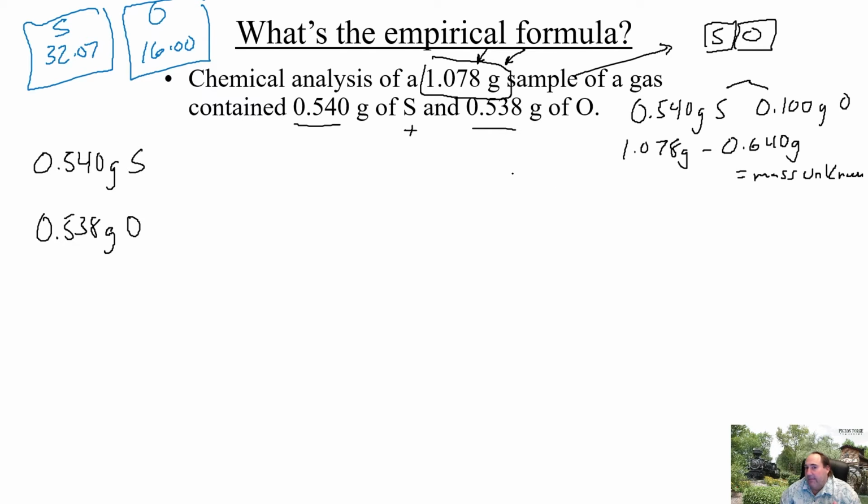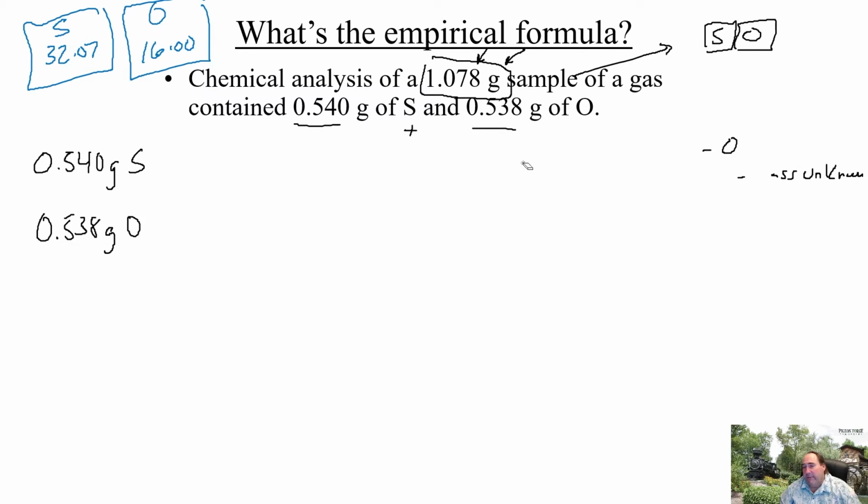Sometimes it does happen that it'll tell you this is made up of sulfur, oxygen, and nitrogen, for example. You can figure out sulfur and oxygen, add them together, subtract from the total mass of the sample, and figure out the mass of nitrogen. But in this case, when we add up the actual numbers given to us, it does equal that 1.078. That means those are the only 2 elements present in the compound, because they add up to our total.